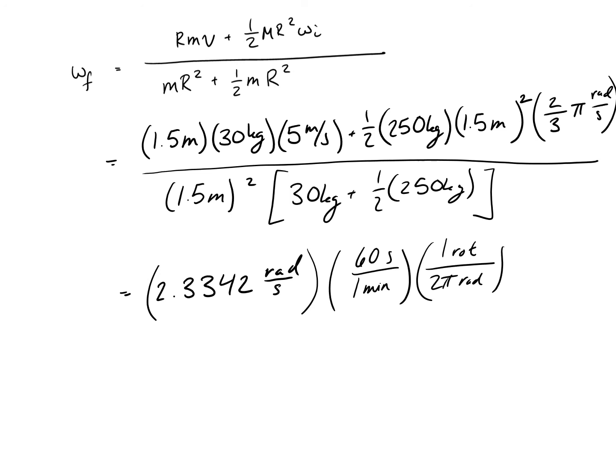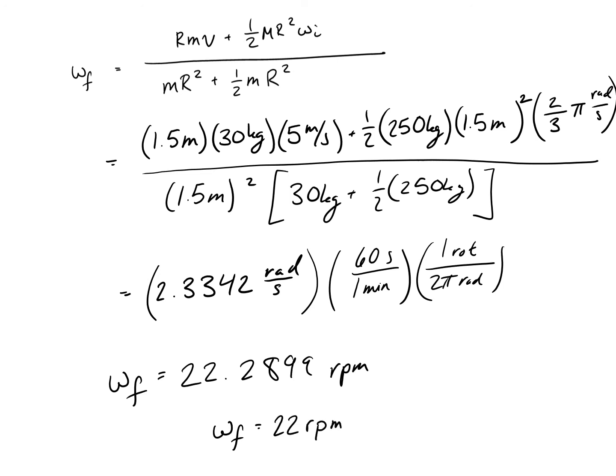So put parentheses around 2 pi when dividing. So when I plug this into a calculator, I got omega f. So my final angular velocity is 22.2899 rotations per minute, so RPM. Or if we want to use the correct number of sig figs, which is 2 in this case, 22 rotations per minute is going to be the final angular velocity for this particular question.